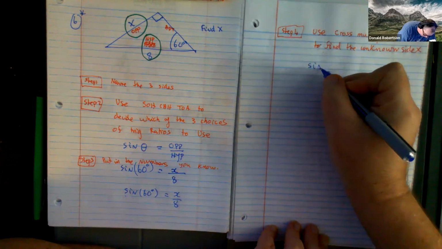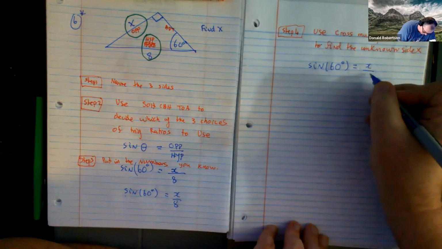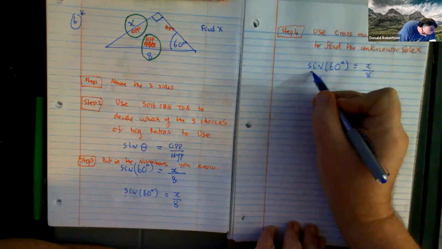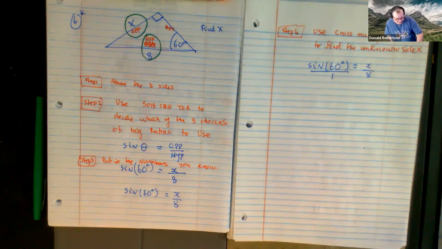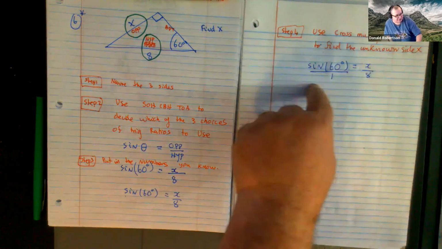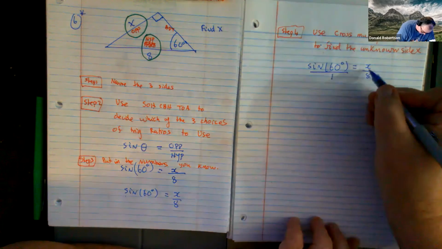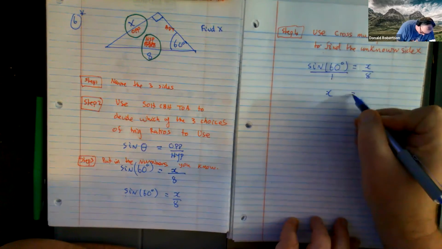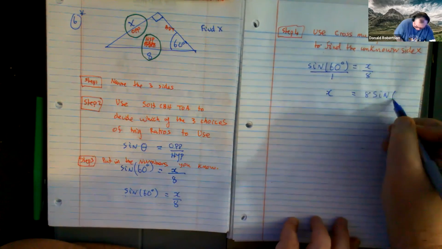Right now, I know that the sine of 60 degrees is X over 8. If you call this sine of 60 over 1, doesn't cross multiplication, that tricky cross multiplication, work? Boom, boom. X times 1 gets me X, and it's equal to 8 times the sine of 60 degrees. Are you with me?